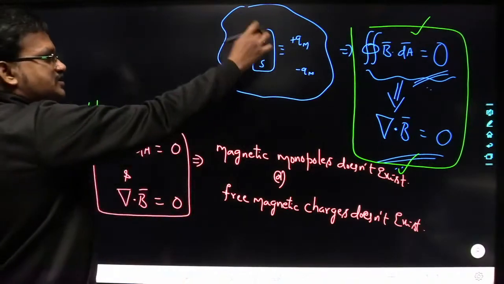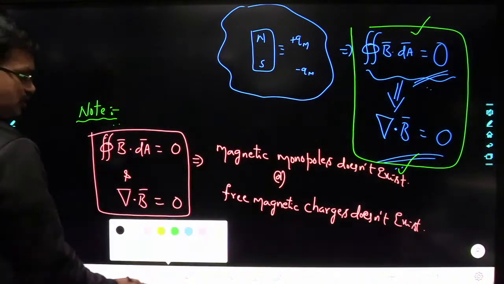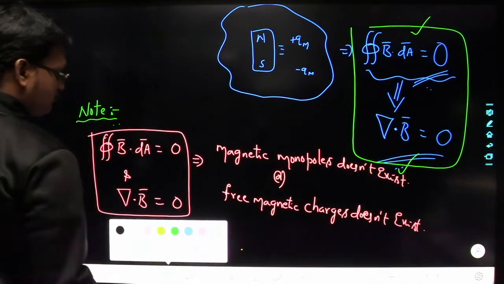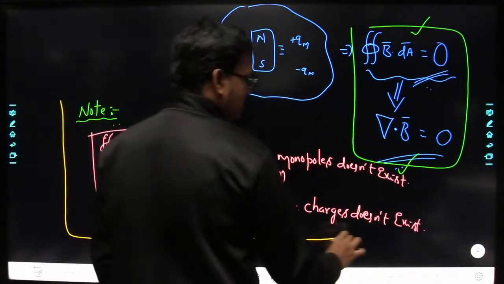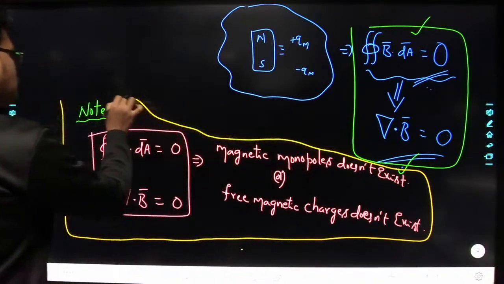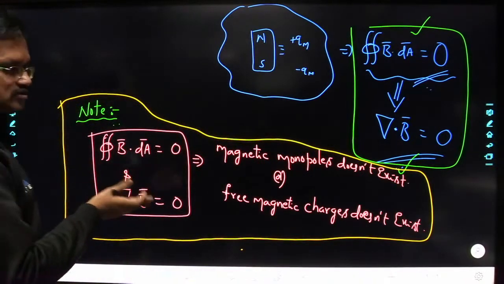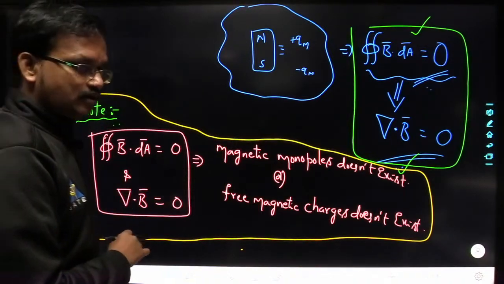They will always exist together. Understood? This question has been asked many times in different competitive exams. In GATE they have already asked this question, in ES also, and in some other PSUs also. Very simple and straightforward question.